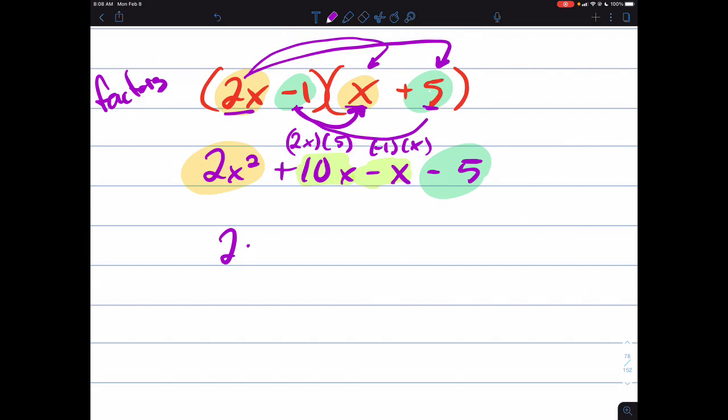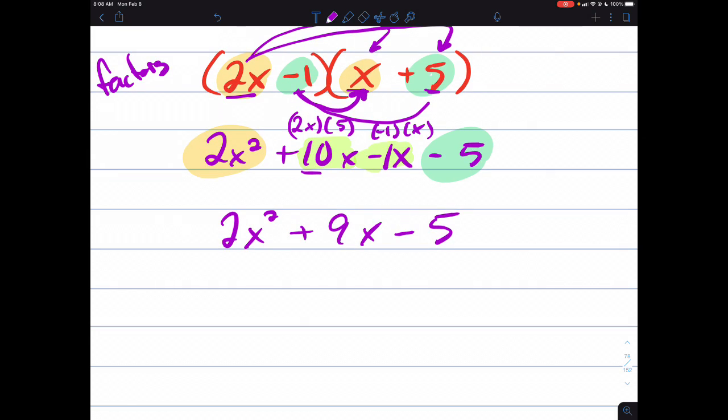So we get 2x squared, and then 10 minus 1 would give us 9x minus 5. So when we're factoring this, we have to figure out what combination of numbers gave us the 9x. The result of 2 times 5 gave us the 10.